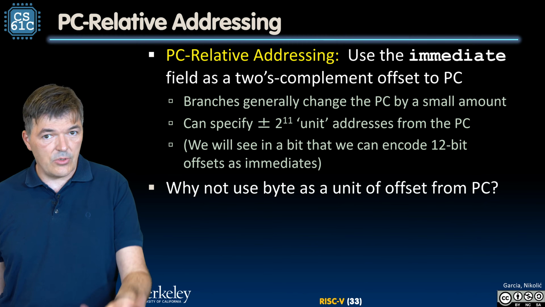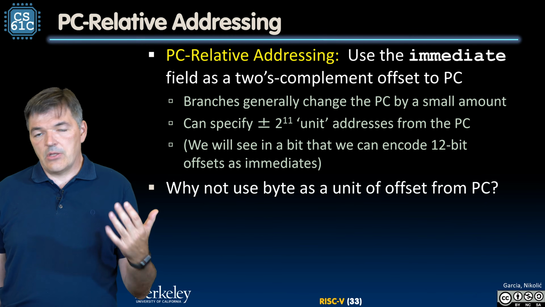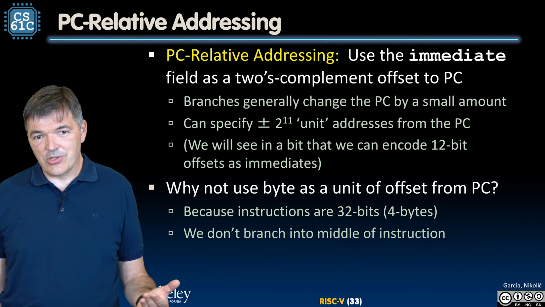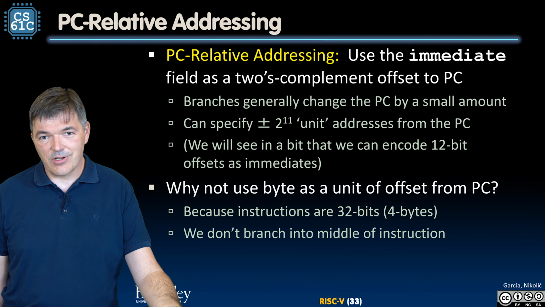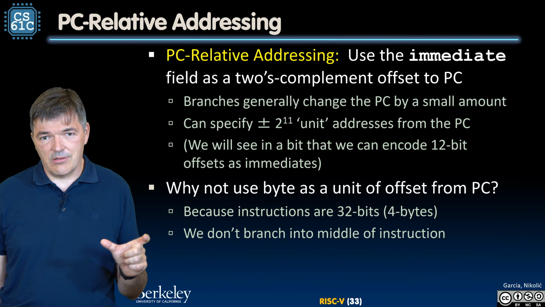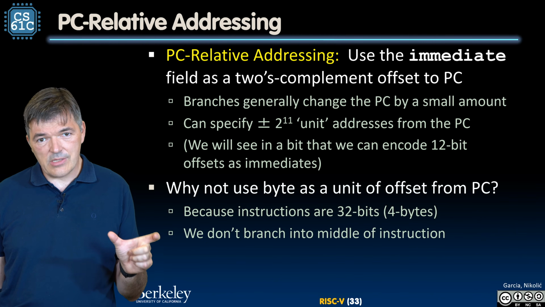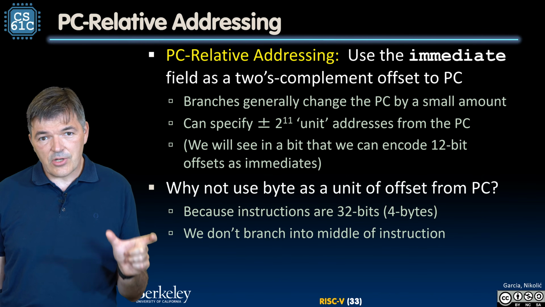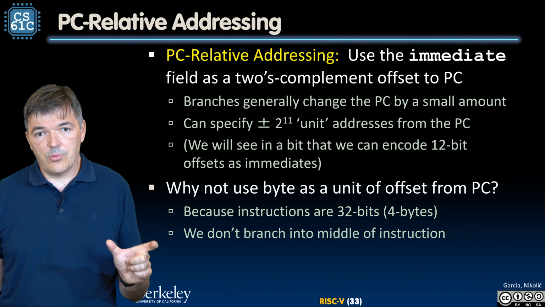Should we use bytes as we used in stores? No, because we don't want to branch into the middle of an instruction somewhere in the code. Remember, our code in the RV32 base instruction set consists of instructions that are always 32 bits wide.